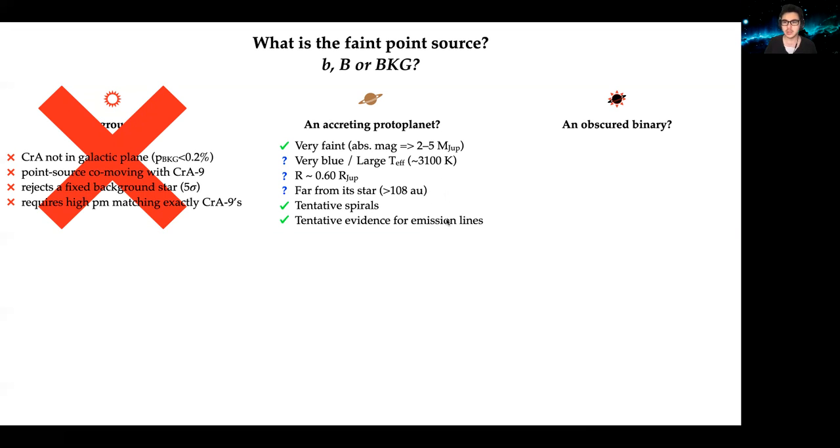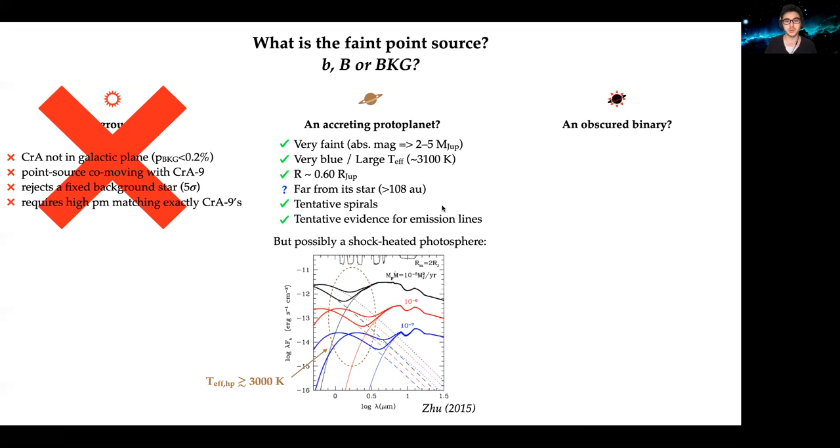Now, in particular, if it is indeed an accreting protoplanet, what you'd expect, in fact, is that part of the photosphere would get heated by the accretion shock, as shown in these models presented in June 2015. So you'd expect part of the photosphere to be heated up to 3000 Kelvin, which is interestingly close to the value we found.